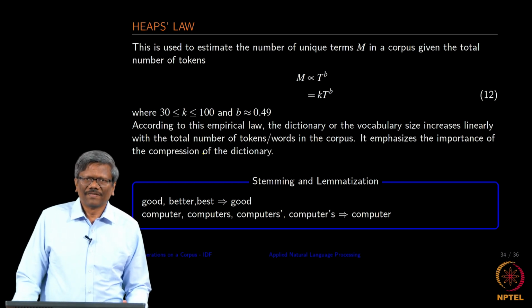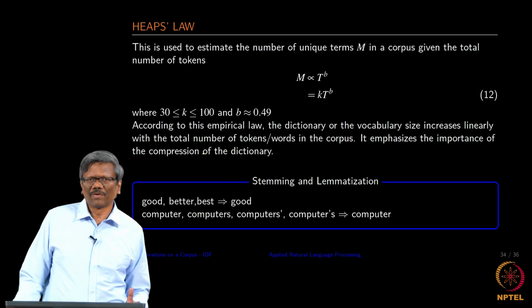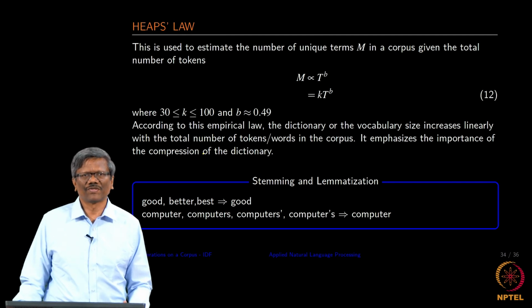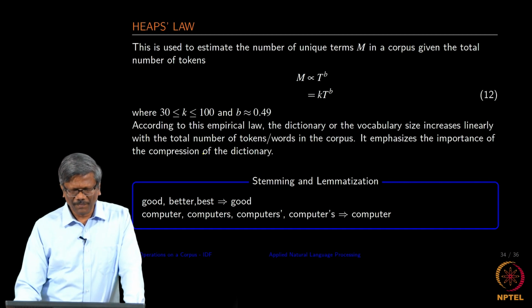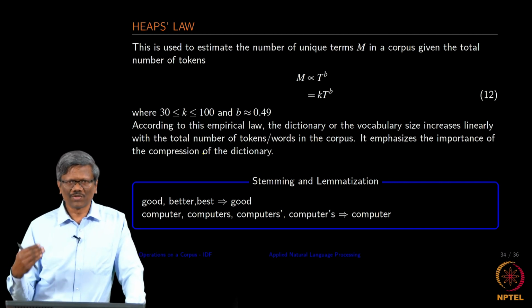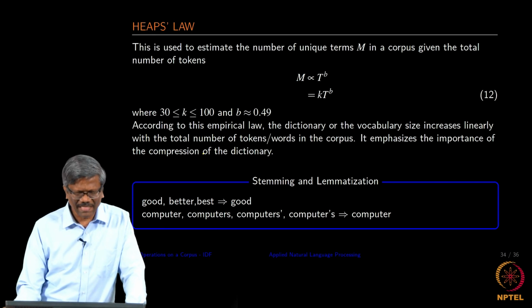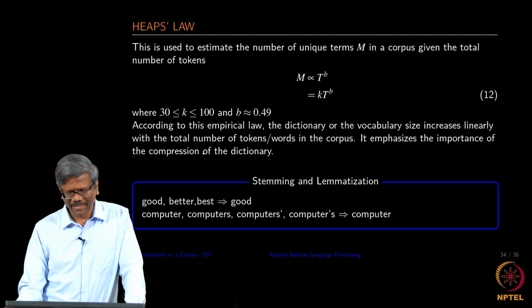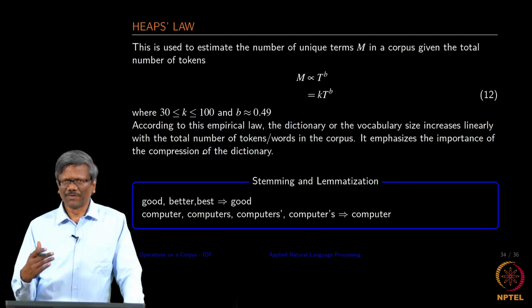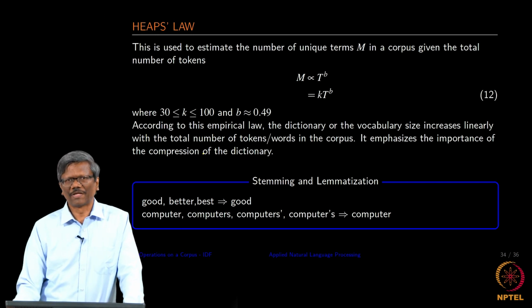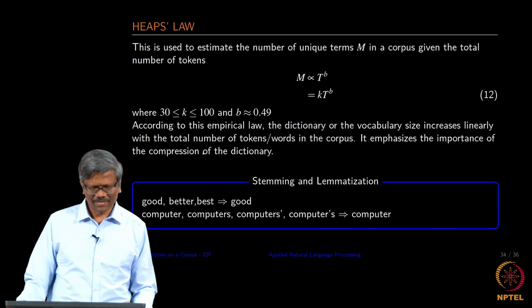So, you want to compress the size of the vocabulary with respect to only the root of the word and not with any other additions to it. This law emphasizes that by reducing those words through stemming and lemmatization, you should be able to reduce the size of the vocabulary, and thereby the representation in memory would be very minimal.